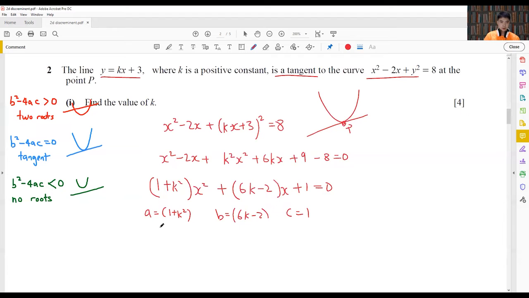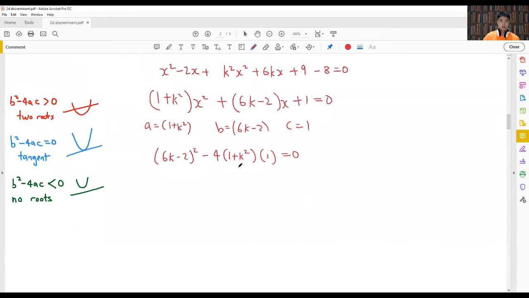Now, from here, substitute into our discriminant formula, b squared minus 4ac equals 0. And from here, proceed to solving for the value of k. Open up this expansion: 36k squared minus 24k plus 4.